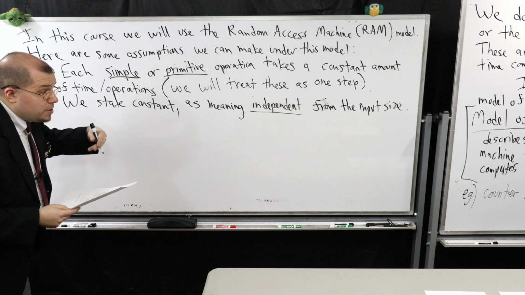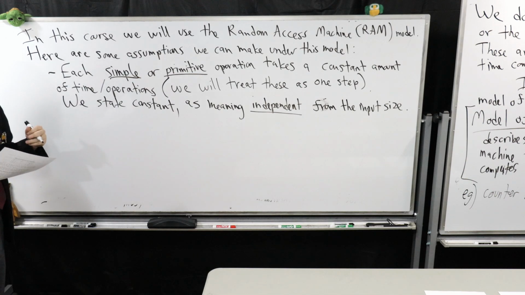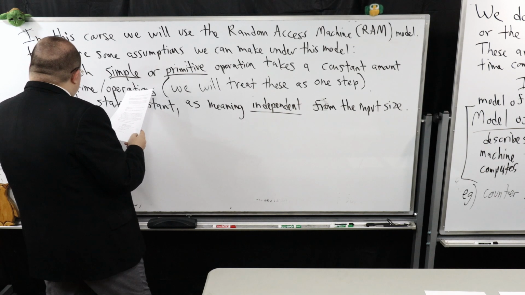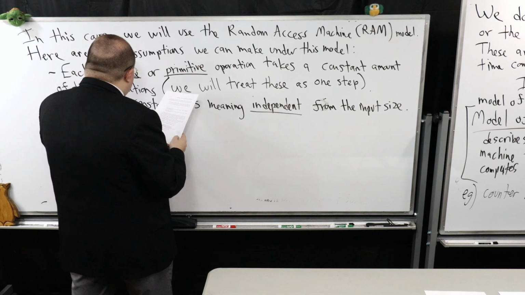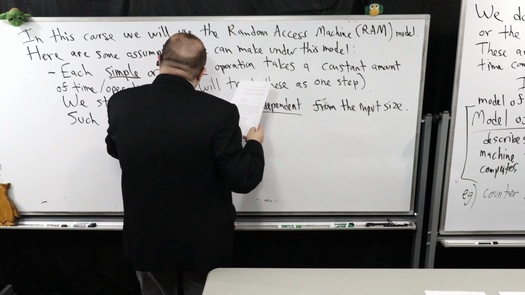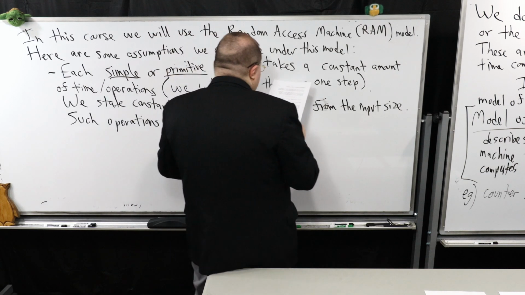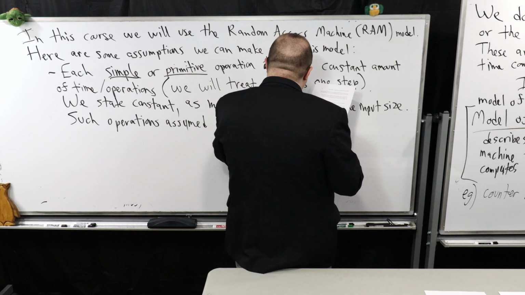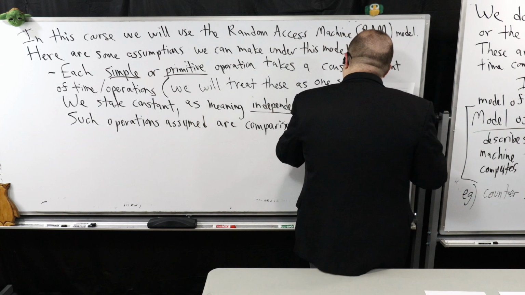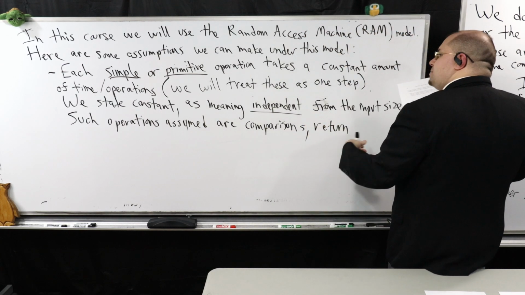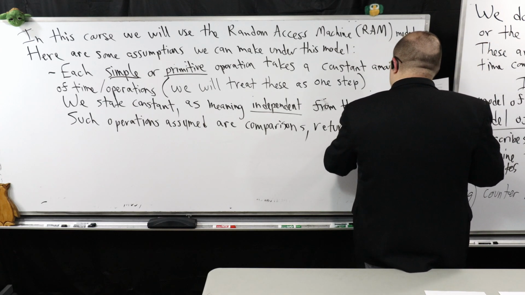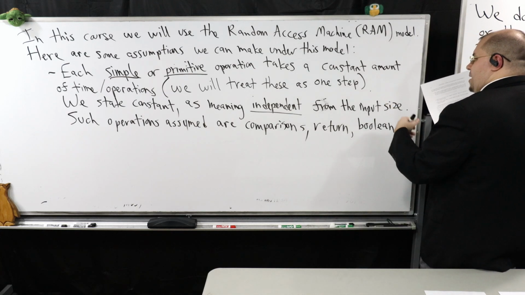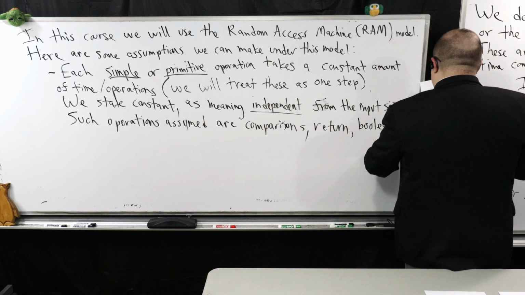So I'm going to tell you some operations that will fall into these simple or primitive operations. Such operations assumed are comparisons. So if you compare, for example, two objects, a return, so if you return a value, I'll assume it takes constant time to do that. Any Boolean, so logical operators like and, or, not, all fall underneath this.